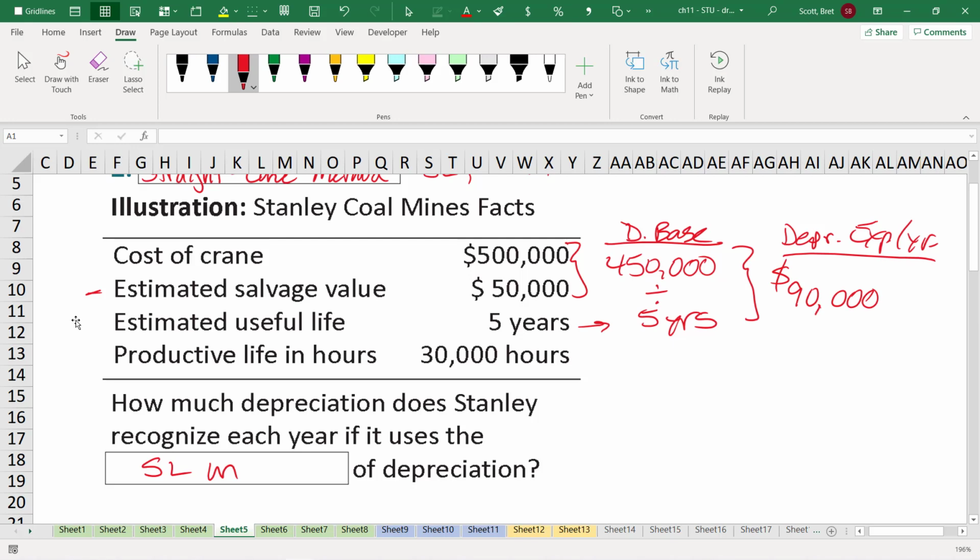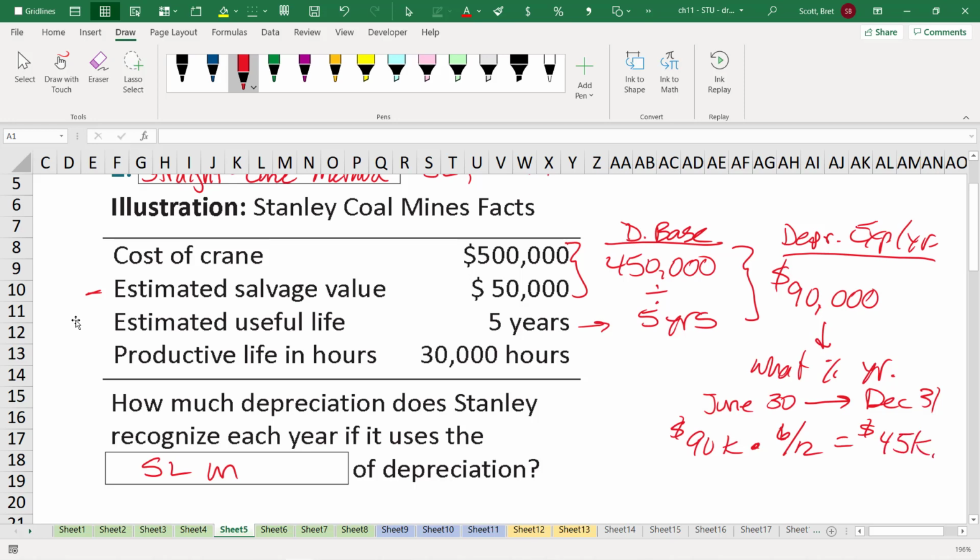Now, the only thing left to do is ask ourselves what percentage of the year the asset was actually used. So if we bought the machine, say on June 30th, and we run it all the way to December 31st, we can say, well, it's going to be 90,000 times 6 over 12 months. So in that case, we would only depreciate $45,000.